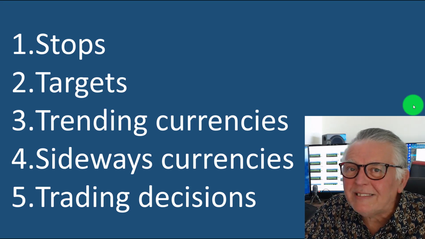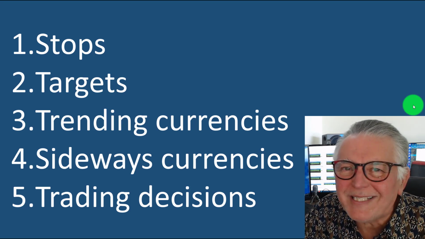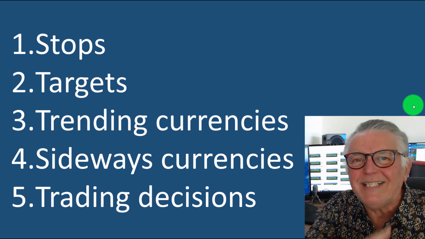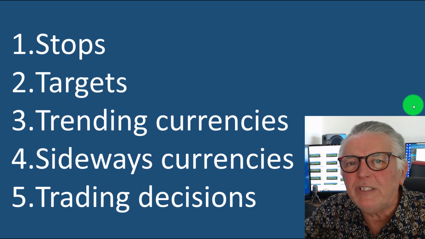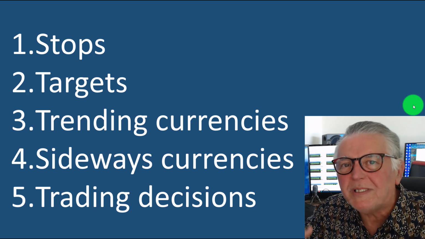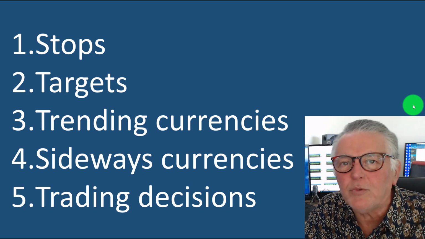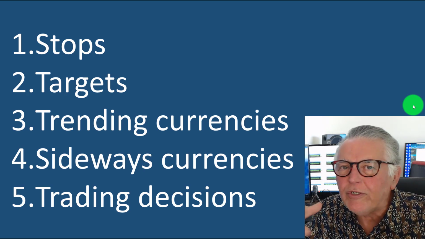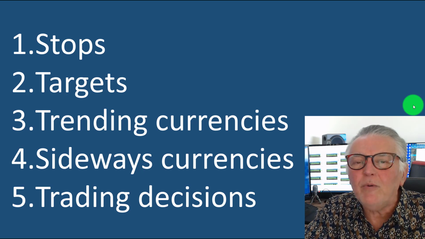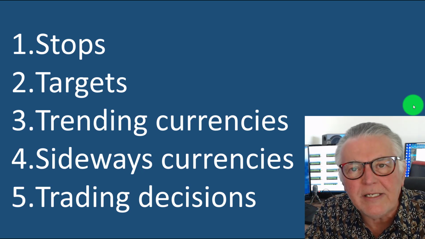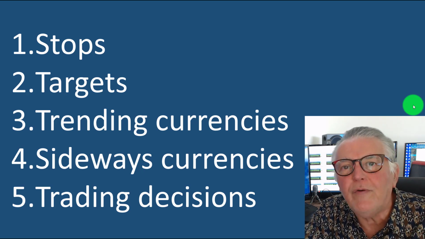Well, for instance, I mentioned already, you don't use the same stops and targets for low volatility currencies as you use for higher volatility currencies, because they have to be proportionately higher or lower depending on your support and resistance areas. That's one area where you need to adjust your thinking. The other one is that high volatility currencies are inclined to trend more easily than low volatility currencies.